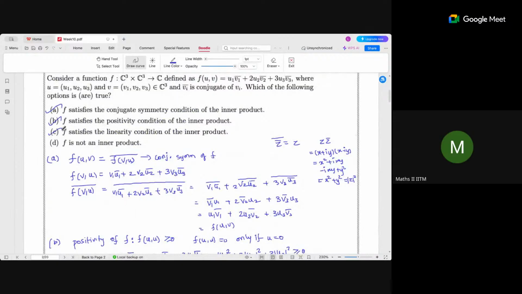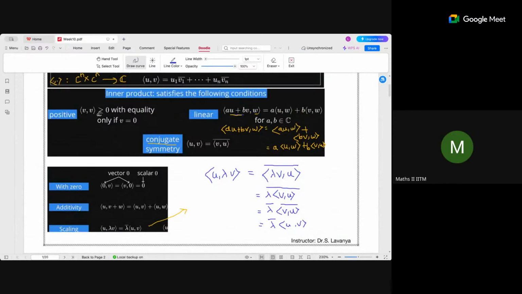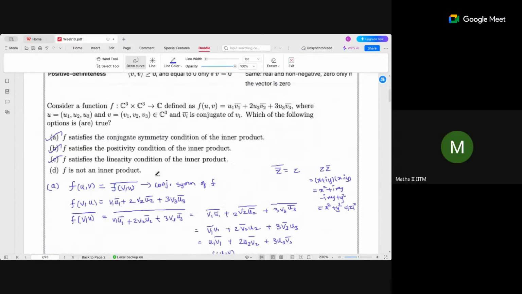Okay, so we proved the linearity of F. So all three properties are satisfied: positivity, linearity and conjugate symmetry. These are the conditions for an inner product. So is this an inner product? Yes, if all three are there, then F is an inner product.